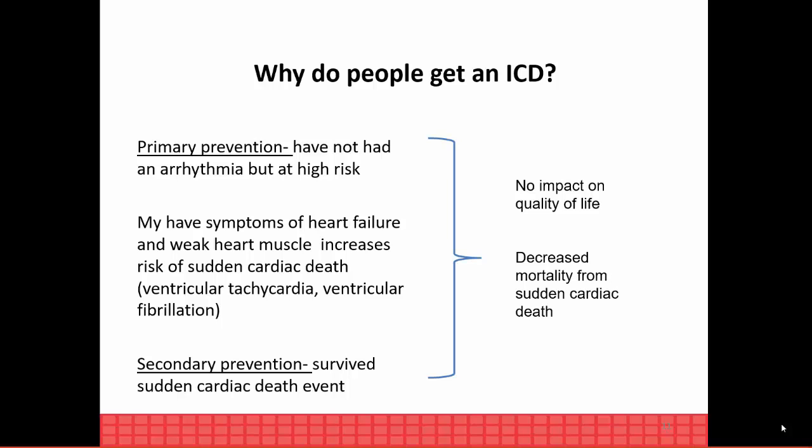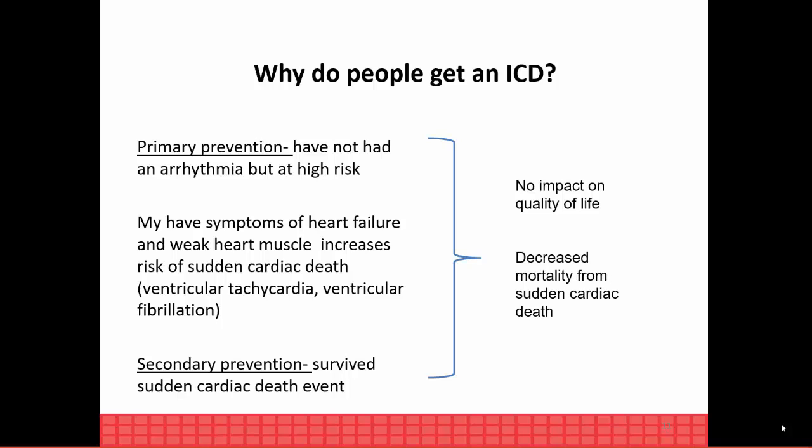So why do people get an ICD? Well, the main reason is primary prevention. This cohort of patients has not had an arrhythmia, but they are deemed at risk. We know that patients that have coronary artery disease, have had a prior MI, and have reduced ejection fraction are at risk for sudden cardiac death.